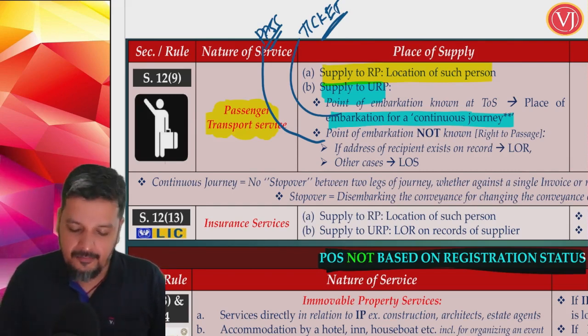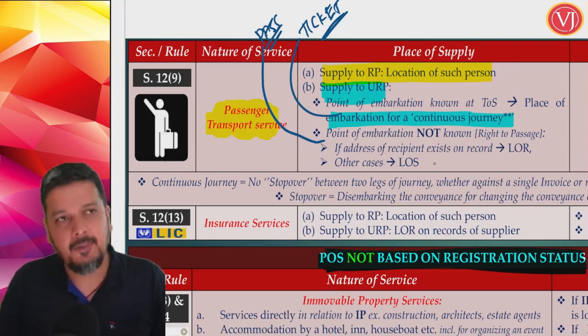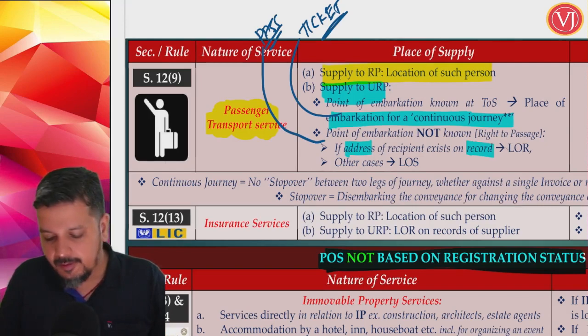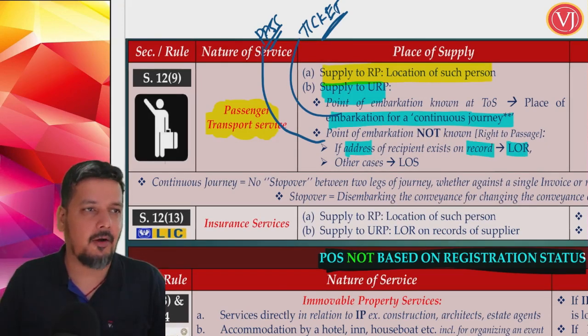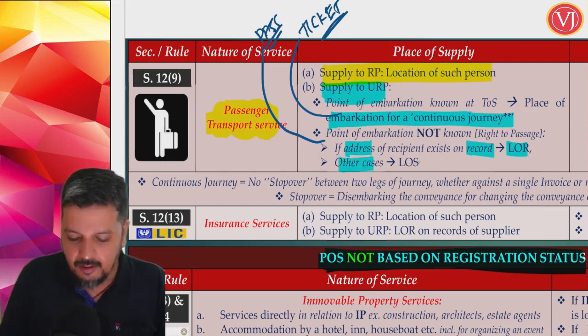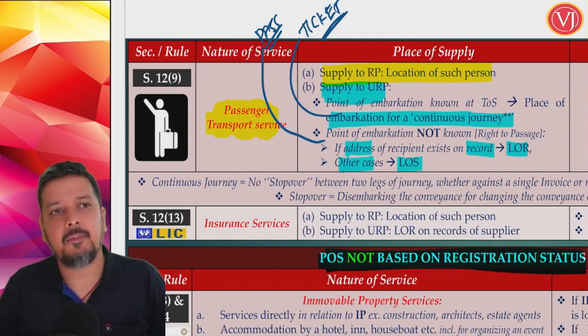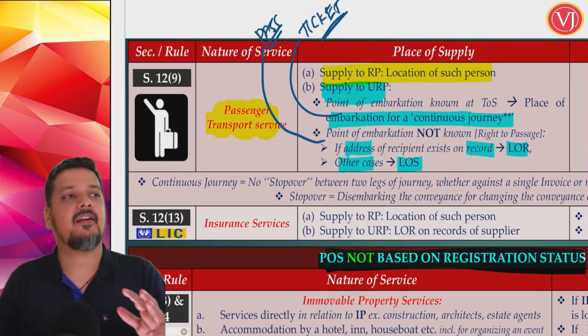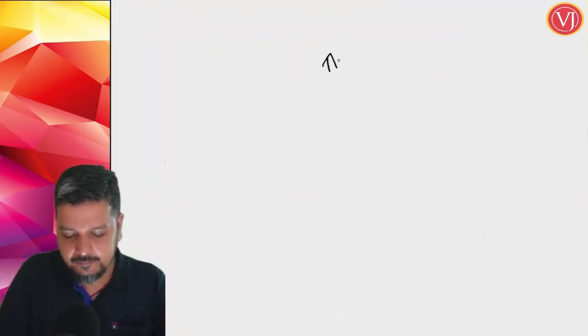Now, if it is pass, if it is not ticket, if it is pass, if the address of the recipient is on record, location of recipient. Mostly if it is pass, address will be there on record. If address by any chance is not there, location of supplier. Now, what I am trying to tell, please understand whether it is ticket or whether it is pass.